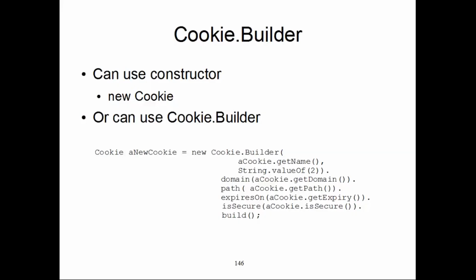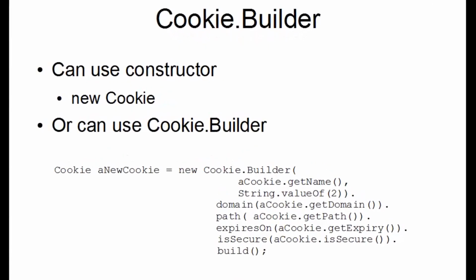The cookie builder is just a convenience, an easier way of creating a cookie. In fact, it's not even an easier way, it's just another way of creating a cookie. You can do new Cookie, and then you saw the polymorphism associated with all the different constructors that were in there. Or you can use a cookie builder. The cookie builder is a builder class that is statically contained within the Cookie class itself, so you have to do new Cookie.Builder to get the builder.